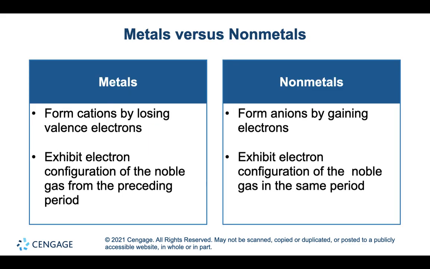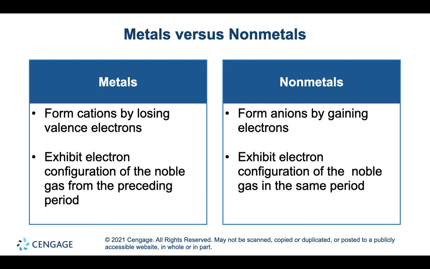So to sort of contrast metals and nonmetals, metals are going to form cations or positive ions by losing valence electrons. Nonmetals are going to form anions by gaining electrons. Metals are going to exhibit the electron configuration of the noble gas from the preceding period.